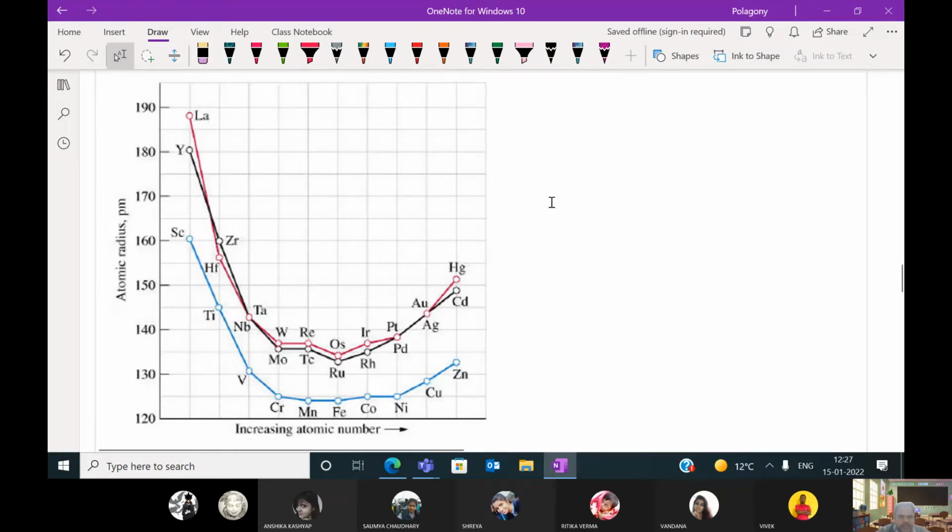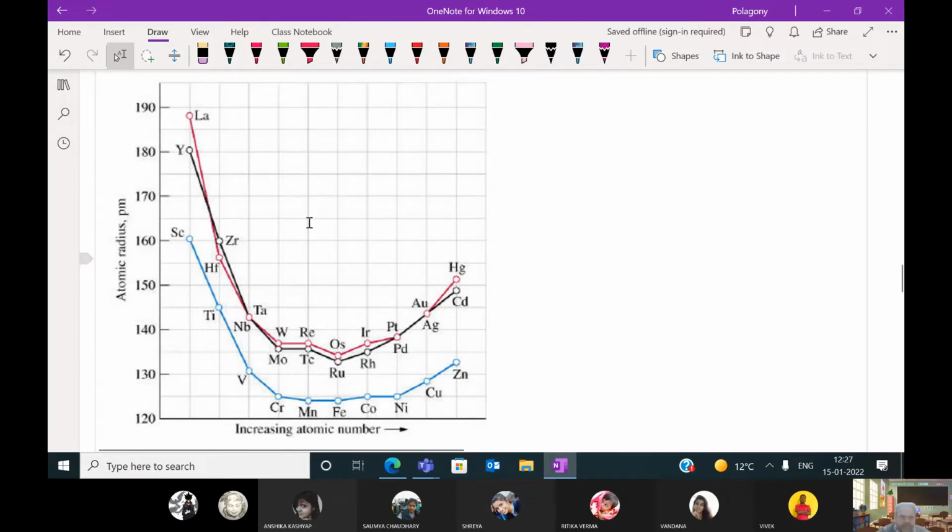Most of the questions revolve around lanthanoid contraction in transition elements, because the lanthanoid contraction will affect the physical and chemical properties, particularly the atomic size and ionic radius of the transition elements.